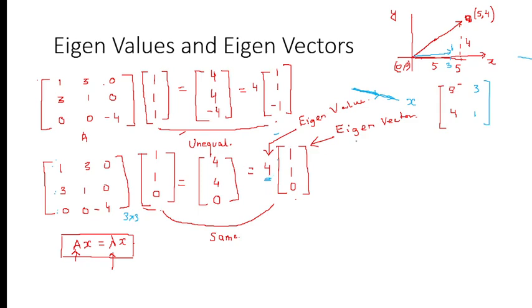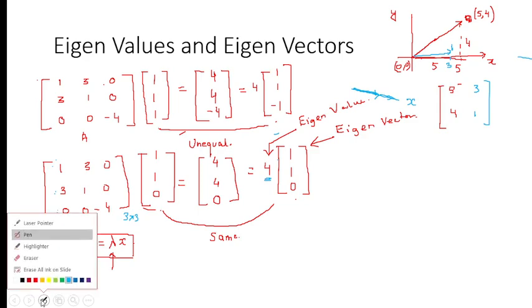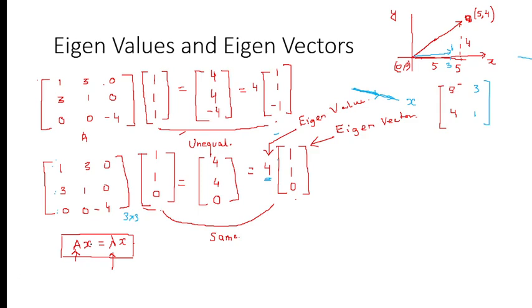So what is the necessity of eigenvector? How are you getting the eigenvector? Eigenvector is a matrix by virtue of which you can establish the equation Ax equal to lambda x, where A has a dimension of n cross n, whatever it is, but this lambda will be a scalar quantity.